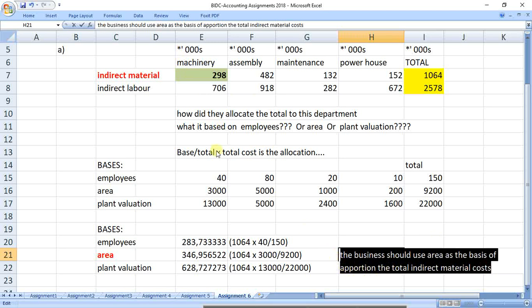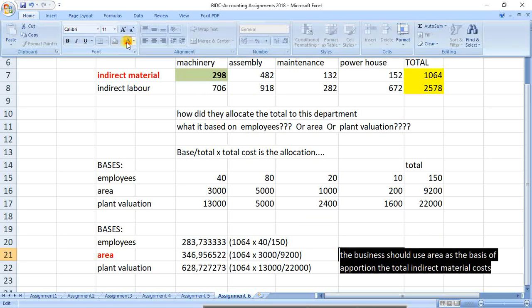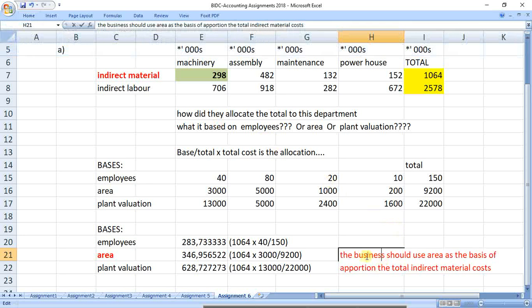It's going to be interesting to see how they mark this, because you could motivate either or. I don't think you should motivate employees, because material used in the business shouldn't be based on the number of employees. I think that area is the best option. The bigger the area, the more material we use. That kind of makes sense, right? Okay, so that's what I'm using for my basis of allocation.